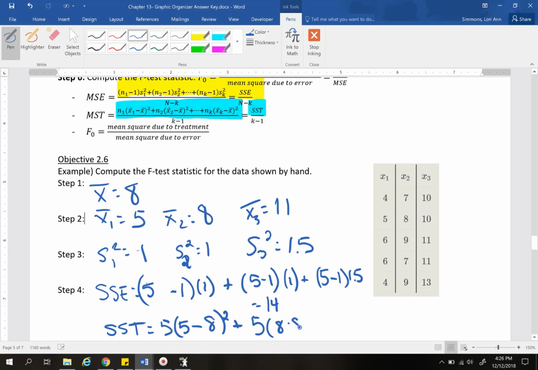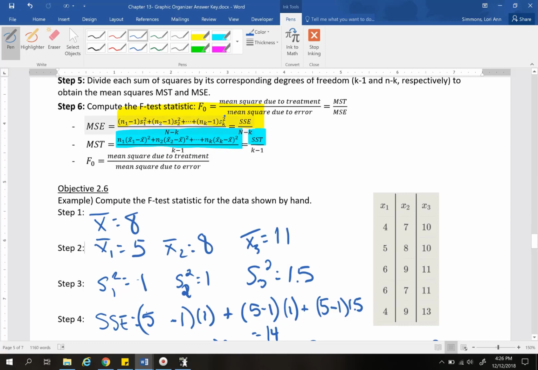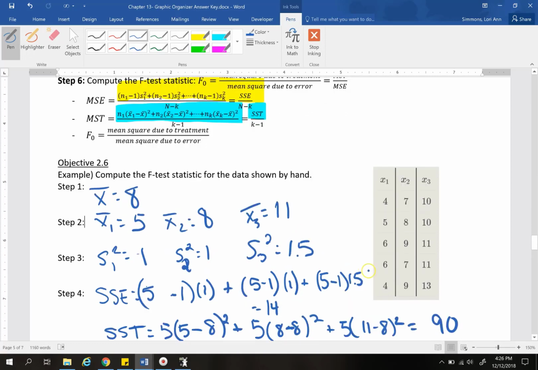So 8 minus 8 squared plus 5 times 11 minus 8 squared. When you put this on your calculator, you should get 90. This k just means your last sample. So this is just a generic formula. So we could substitute 3 in for your k, and that's how you would have got these last numbers to match up.